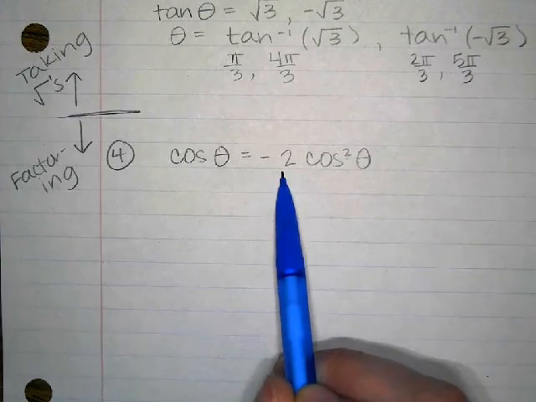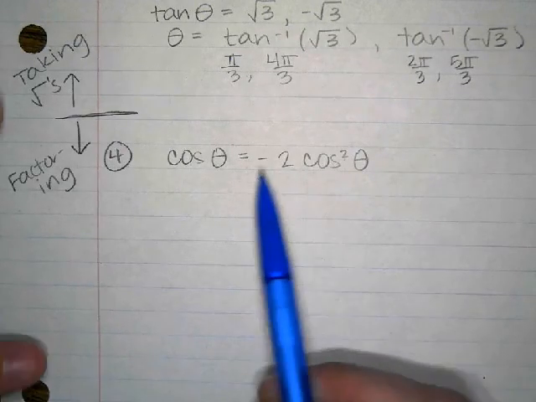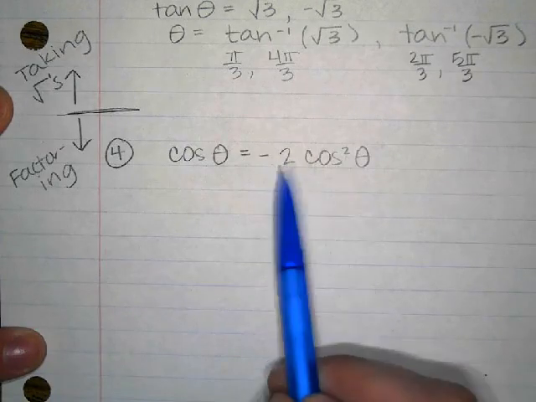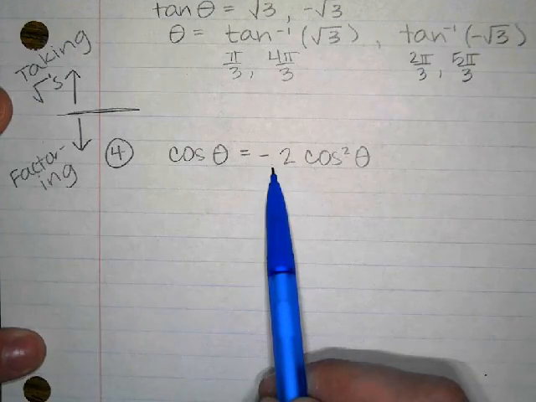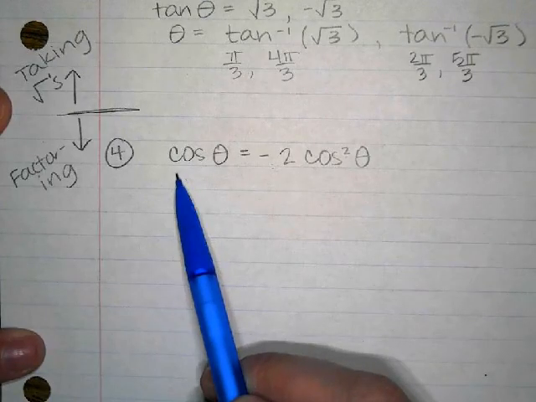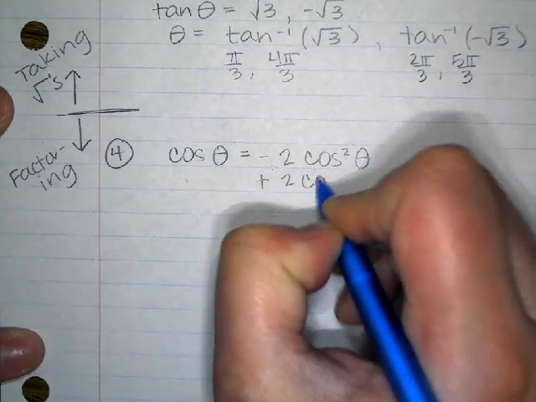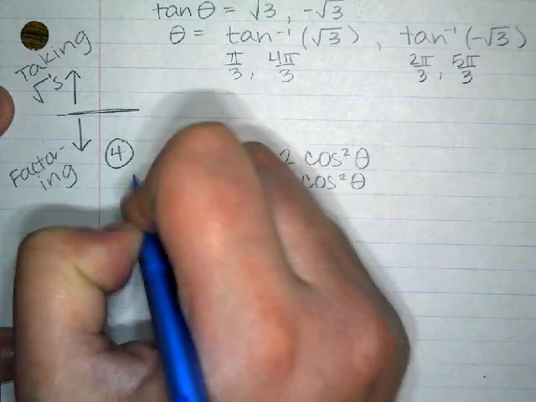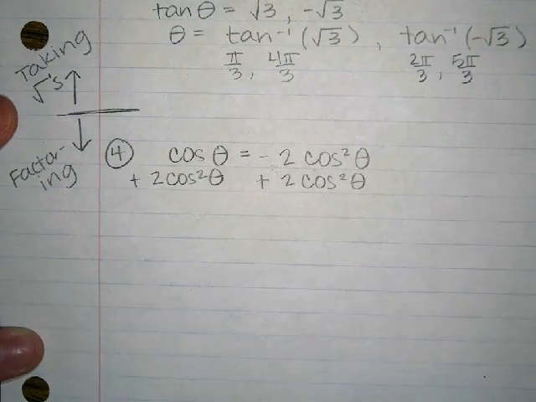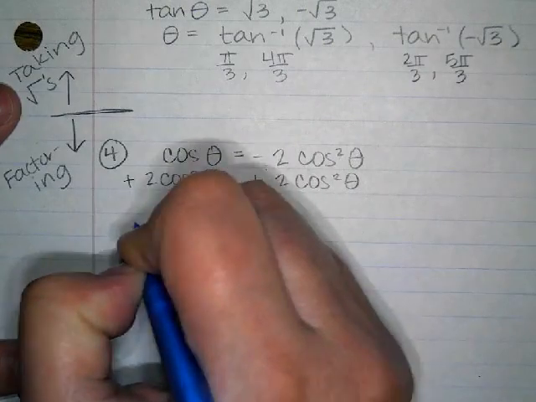Right now I have things on both sides of the equal sign, and the number in front of the squared term is negative. So when I start this problem, I want to take this term and add it to the left side. That's going to make the problem easier for me to factor. So I'm going to start by adding 2 cos squared to the left side. So the problem that I'm factoring is 2 cos squared theta plus cos theta equals 0.